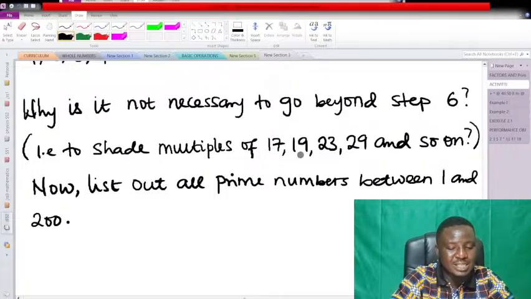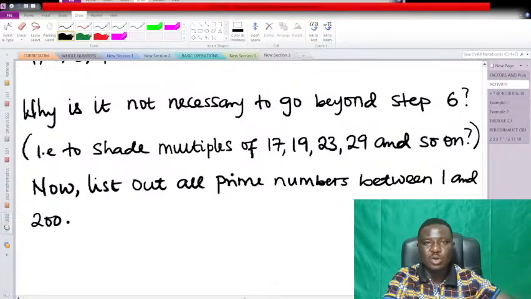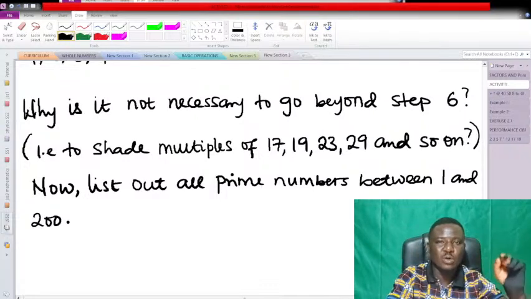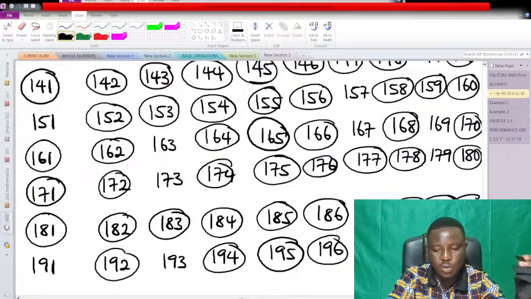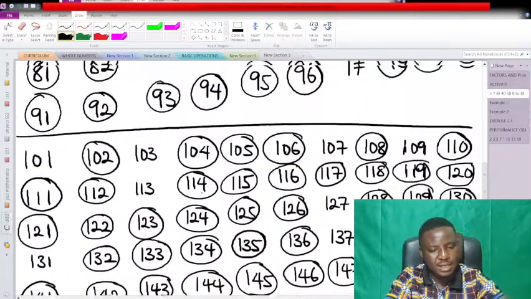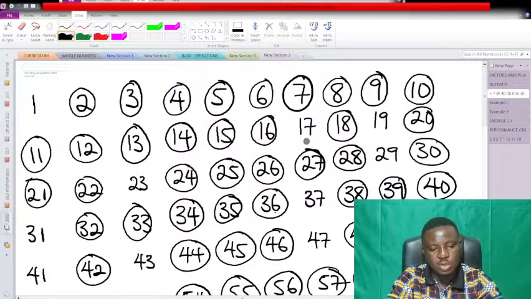Same thing goes with 39, 26, and 23, 29, and so on and so forth. So it will be like a repetition of what you have already done. You will still discover that there will be no new numbers to cancel. For example, let's look at multiples of 17. The multiple of 17 includes 17. 17 plus 17 is 34.